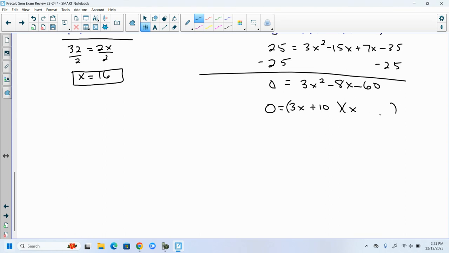And if I put a plus 10 here and a minus 6 here, that gives me negative 18 for my outer, gives me 10 for my inner, which does add up to negative 8. So that is my factored form. Set both of those equal to 0.